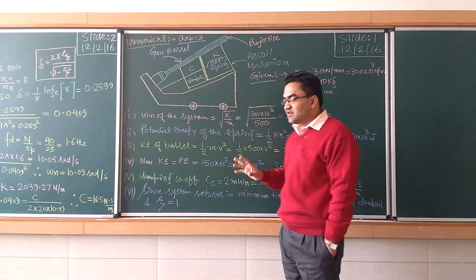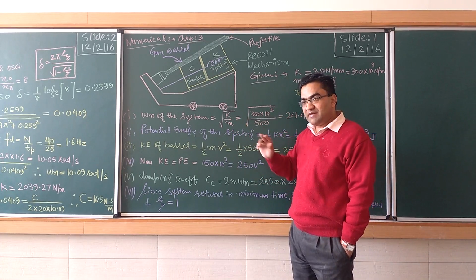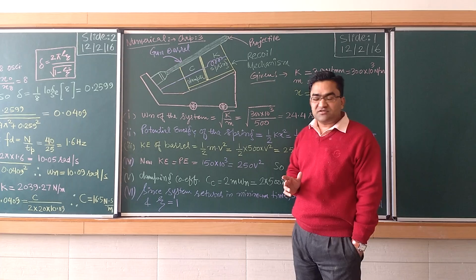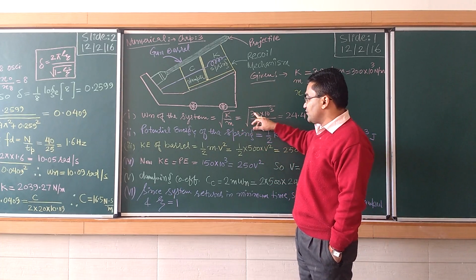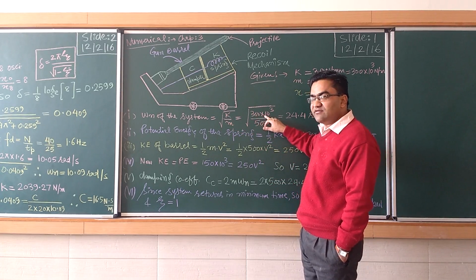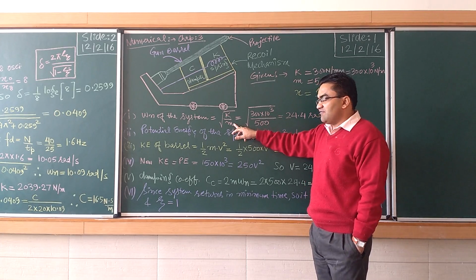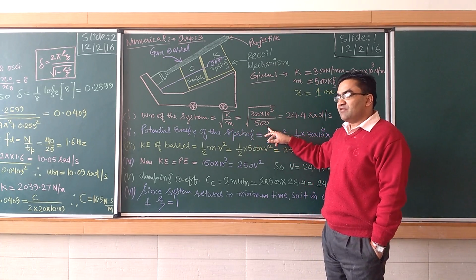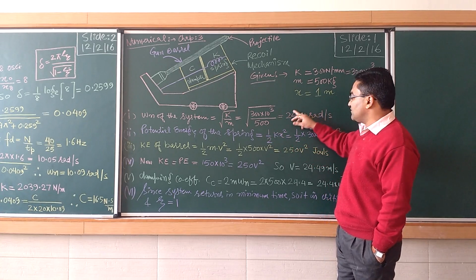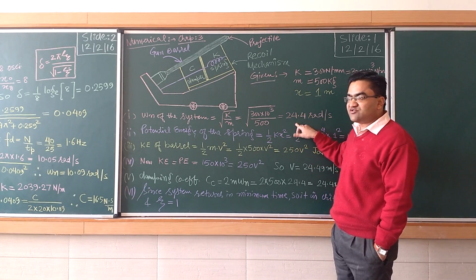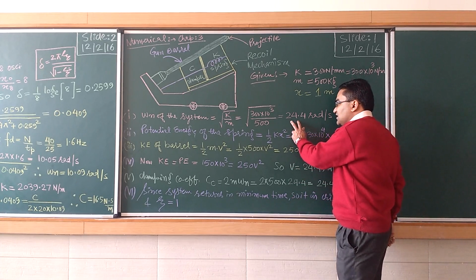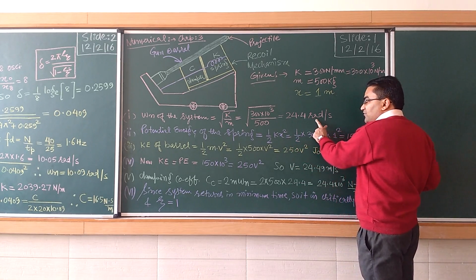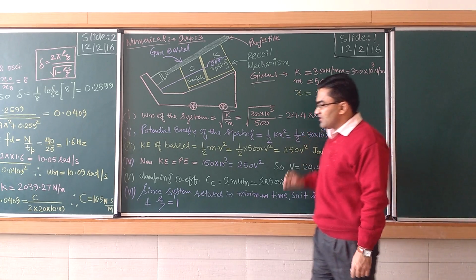Omega n will be equal to root of K by m. The value of K is 300 into 10 raised to power 3, divided by the value of m as 500. The natural circular frequency of the system comes out to be 24.4 radian per second. We'll keep it over here.